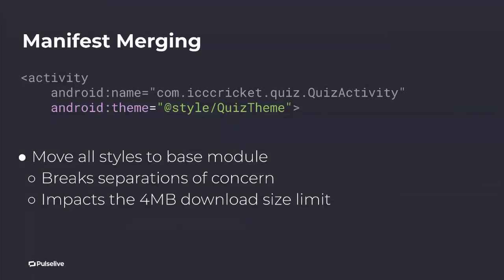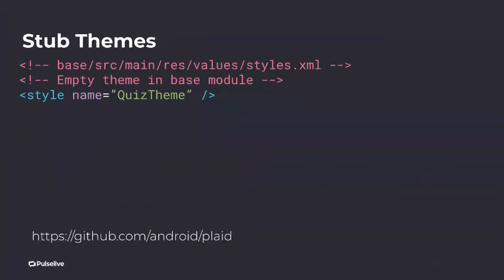There is an alternative to moving your styles to base, and you can create stub styles. This concept comes from Plaid, again the Google sample app for dynamic features. What you do in base is set up an empty style that doesn't do anything, it doesn't override anything. It's just completely empty.